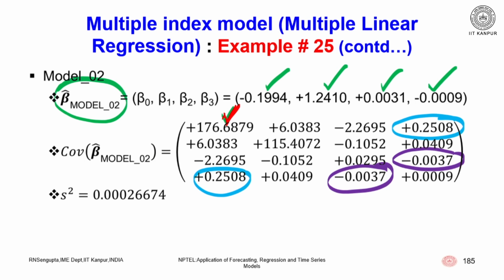So the overall coefficient corresponding to the change of y value, which is Tata Motors returns, is almost plus minus the same per unit change of x1, x2, x3 in either model 1 or model 2.